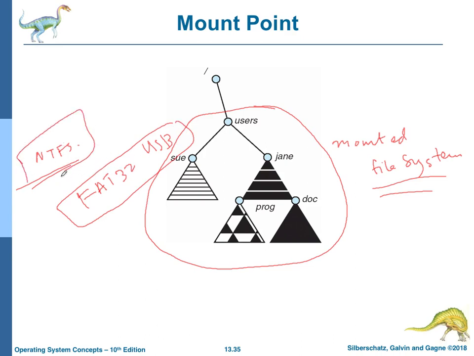So inside the NTFS, you should mount the FAT32. For mounting, you have a particular location, and you call the system protocols on this location for mounting this.